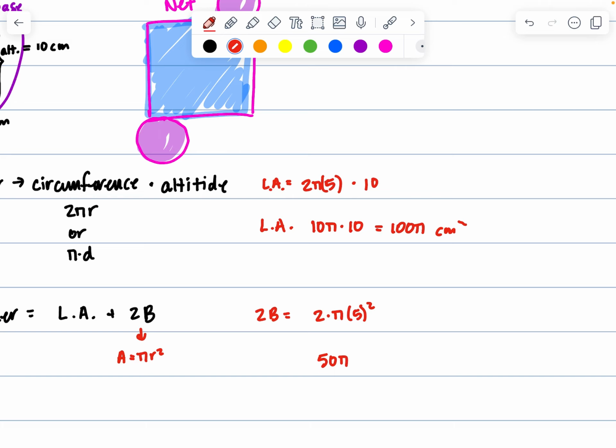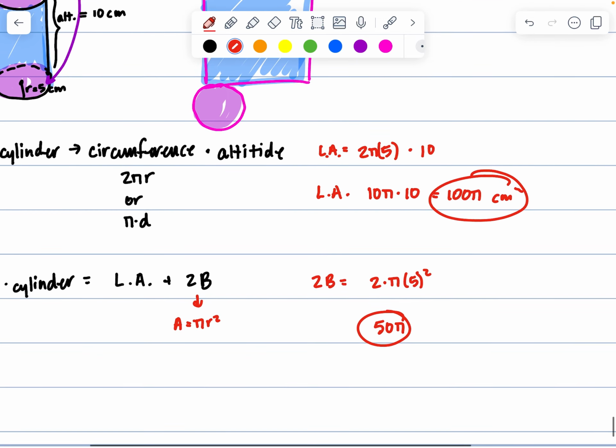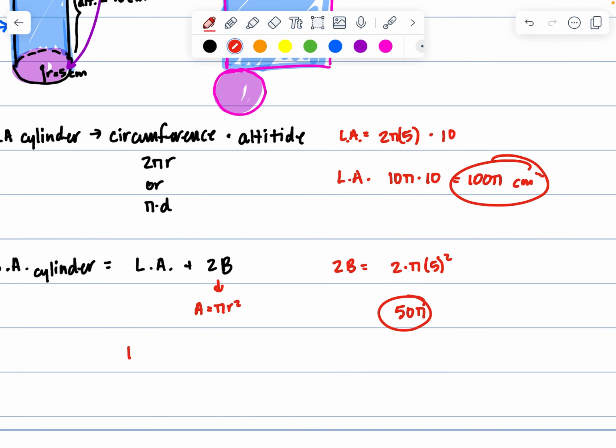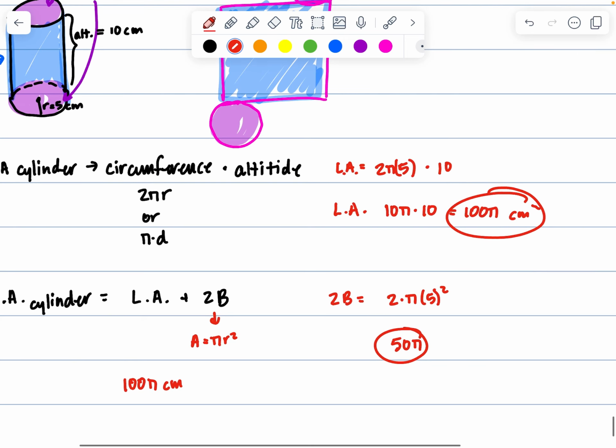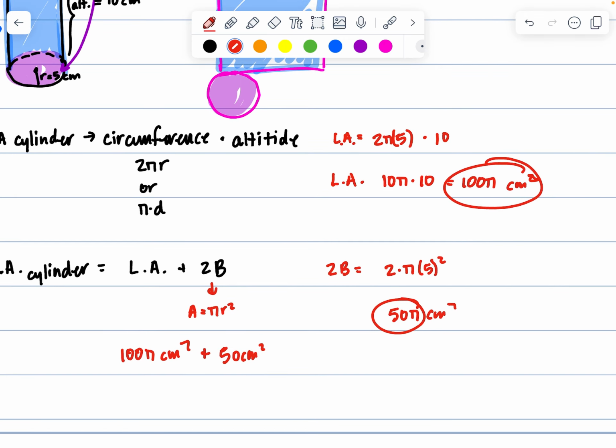And then we just add these together, our lateral area and our 2 bases. 100 pi centimeters squared plus 50 pi centimeters squared.